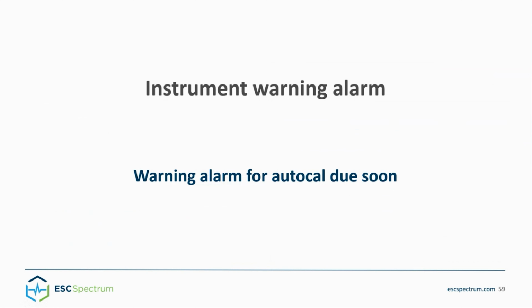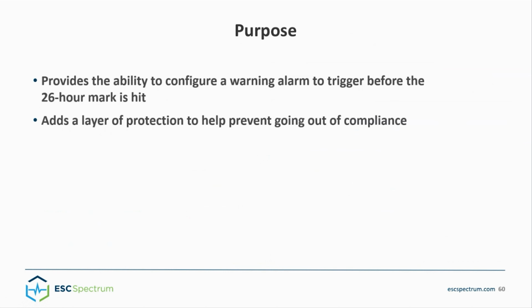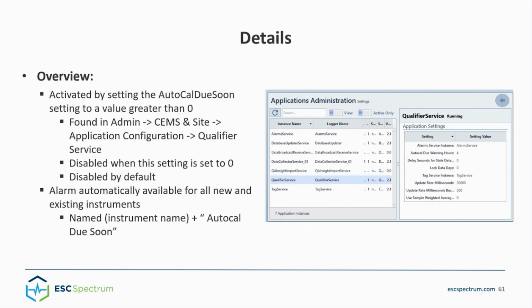In the same application settings, we added a warning alarm for AutoCal due soon. This gives the ability to configure a warning alarm that goes off before the 26-hour mark is hit, to help avoid going out of compliance.